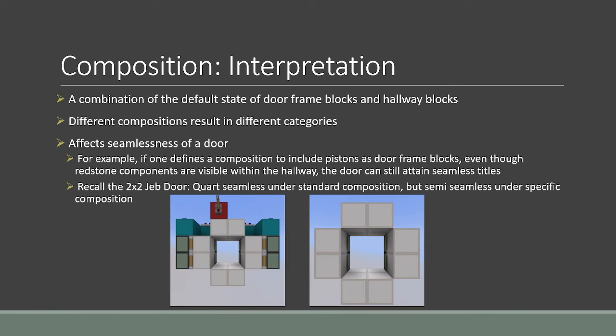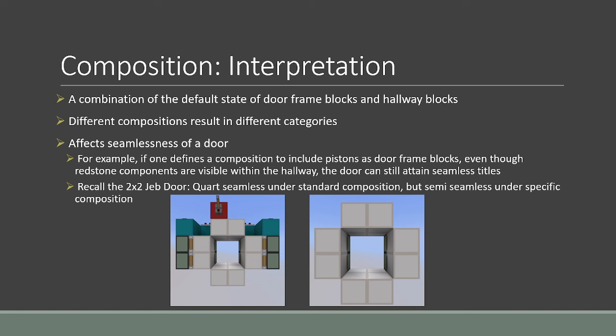One example would be the 2x2 jet door that we just examined, and I said that it is quad seamless under the standard composition because it is only seamless on the front side when closed.